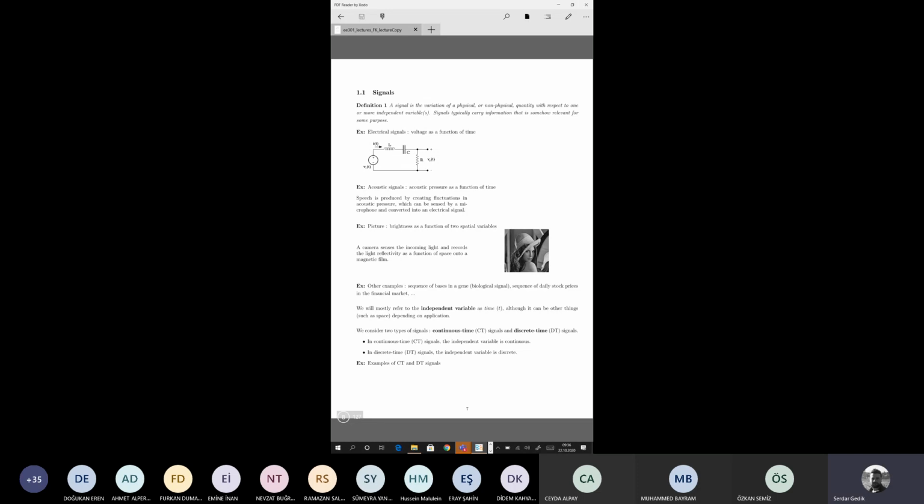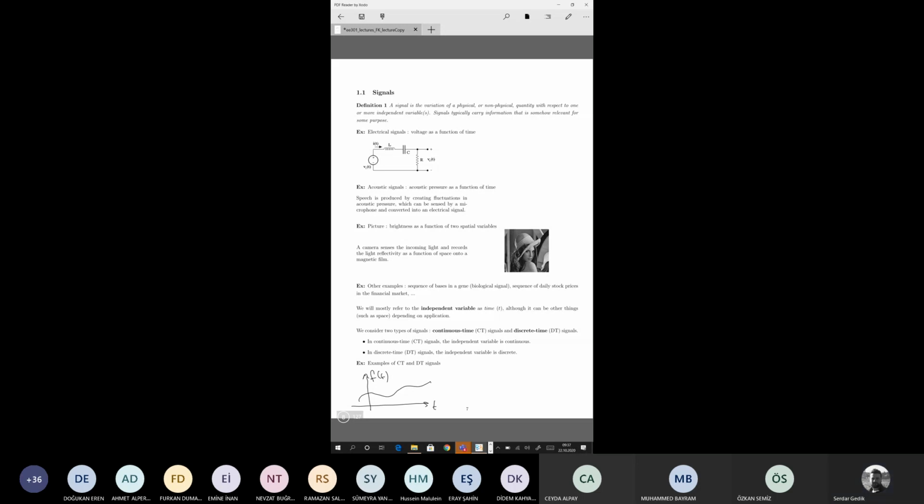Also we have 2 types of signals. We may have continuous time signals or discrete time signals. In continuous time signals, the independent variable is continuous. What I mean is this. Assume that I have such a signal, let's say t, and this is my f of t. If this is a continuous time signal, then t is a continuous independent variable.